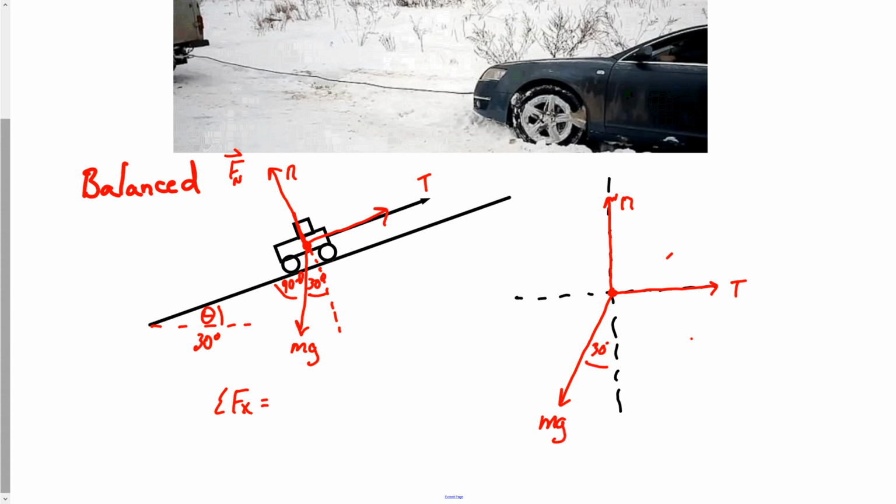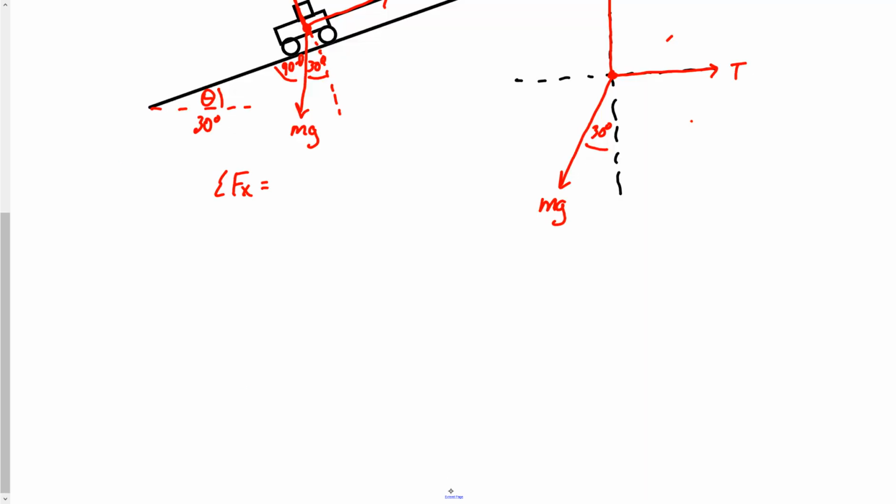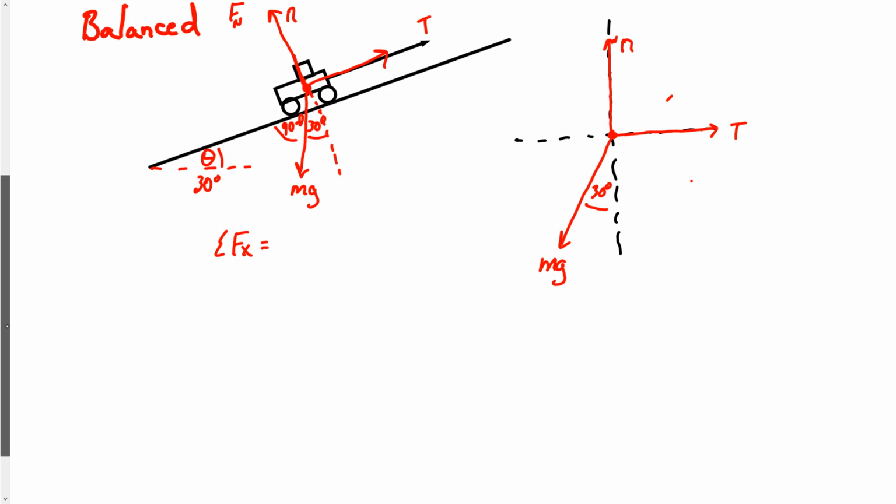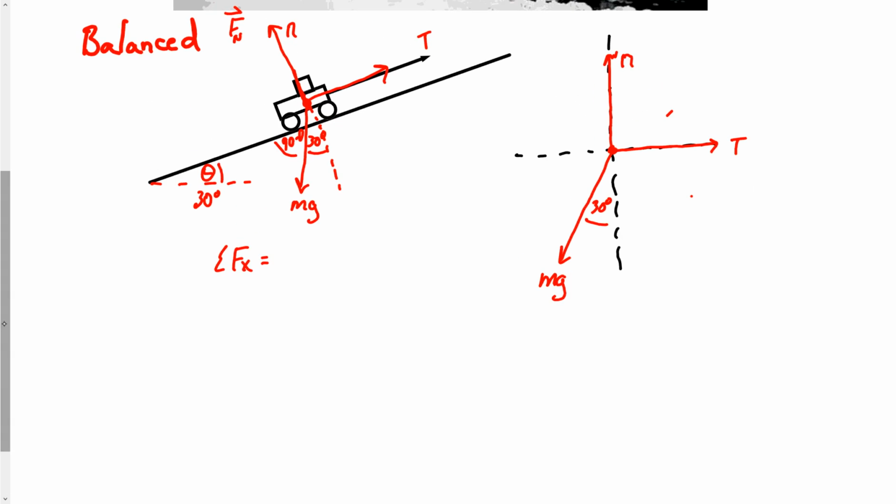We'll say that's 30 degrees, the angle of the hill. Now that's better. All I've done is taken this hillside picture and leveled it out so it's easier for me to look at.